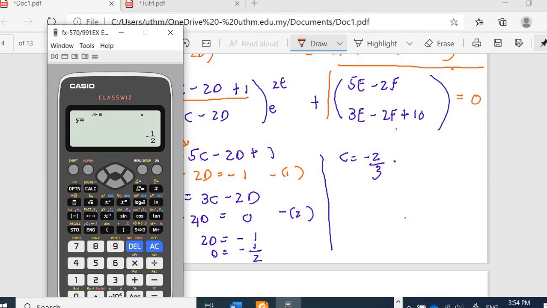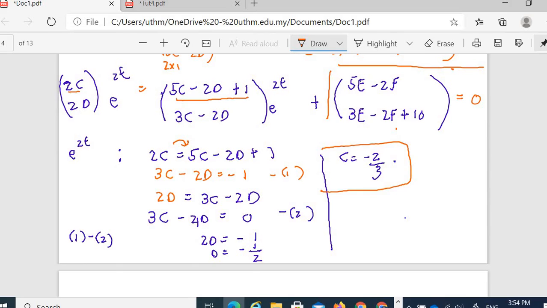So okay, this one, in one space, you can see. Constant term, left side you don't have, so you let 5e minus 2f equal to 0. This one, you have 3e minus 2f equal negative 10.